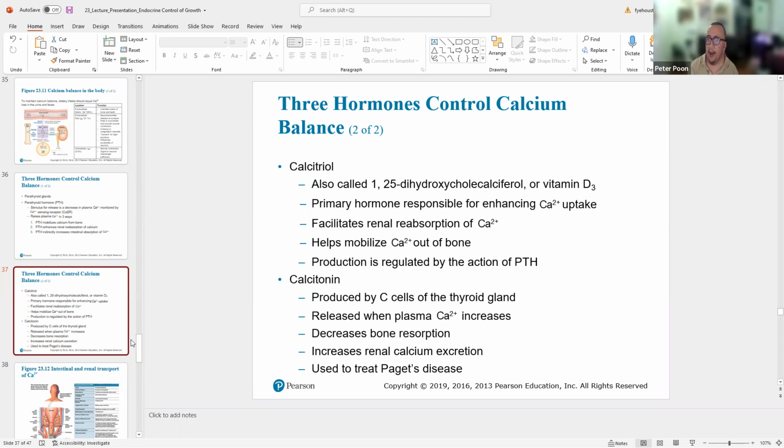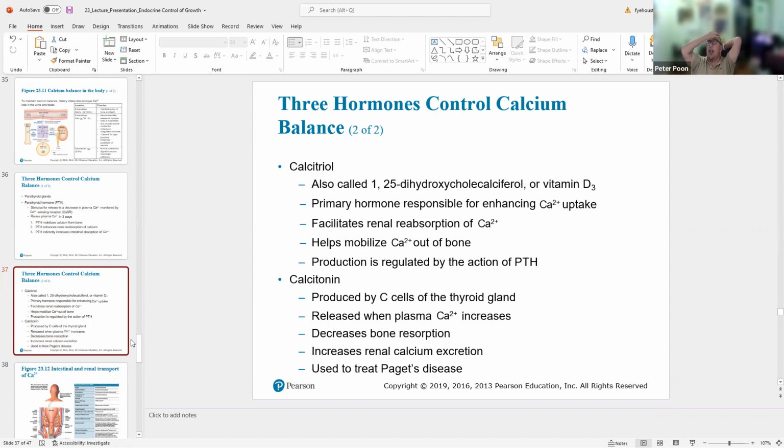And then last and definitely least is calcitonin. It causes a decrease when calcium level goes too high. It decreases bone reabsorption and increases renal calcium excretion, and so it's used to treat Paget's disease.